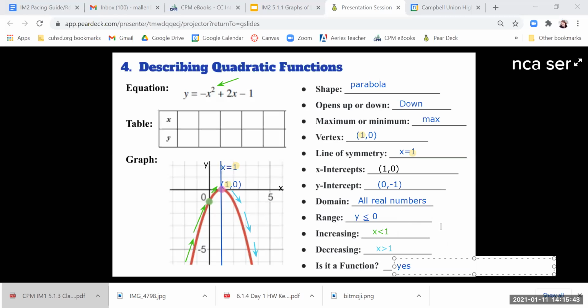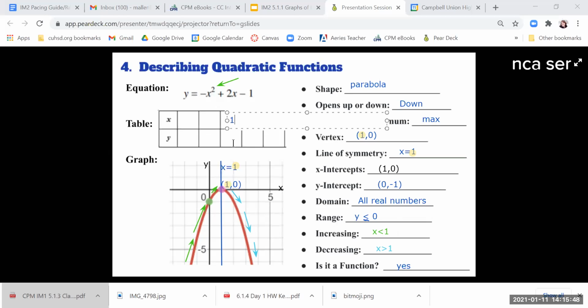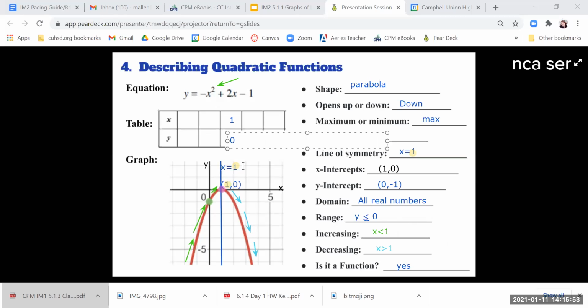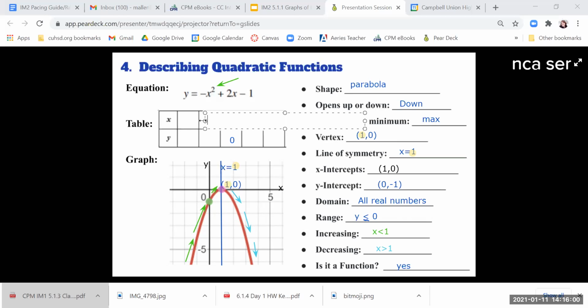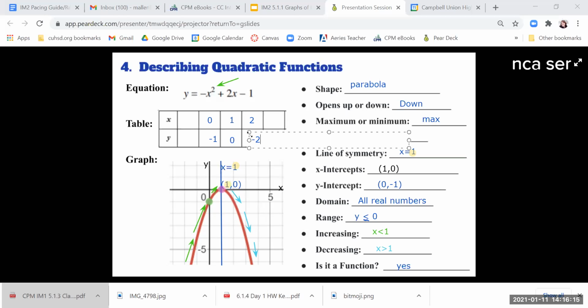Okay. And I do have a table to fill in. So I'm going to put my vertex in the middle. I need 2 other points. So I have, let's see, the y-intercept is at (0, -1). So let's put that one on the left. And I need a balanced point on the right. So it looks like (2, -1) on the right would be balanced with that other point.